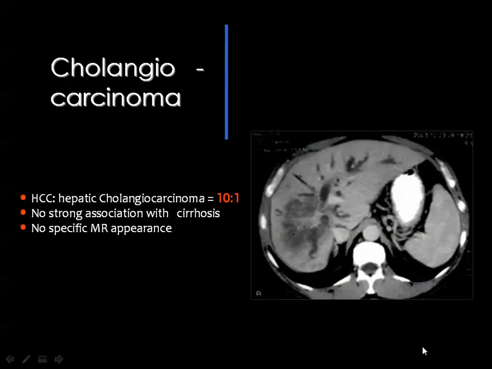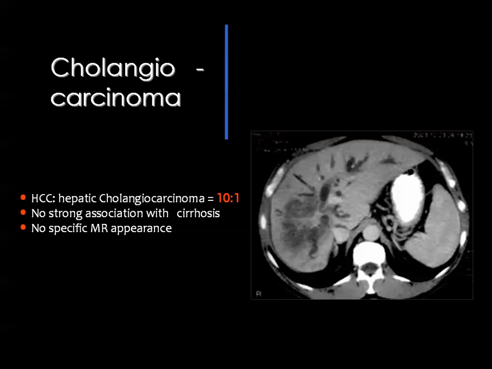Then we came to the cholangiocarcinoma, and you know, the ratio between hepatocellular carcinoma and cholangiocarcinoma in the liver is about 10:1, meaning that it's not that common compared to hepatocellular carcinoma. The cholangiocarcinoma has no association with cirrhosis, and it has no specific CT or MRI appearances.